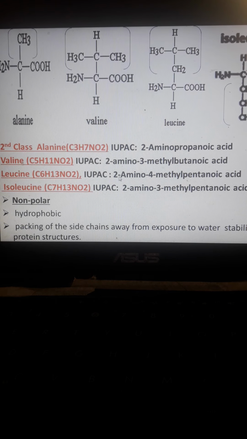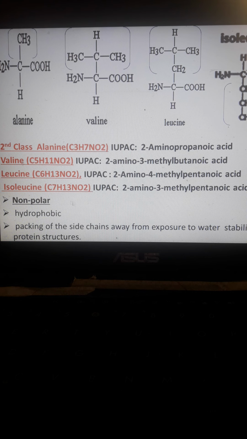Next, the second class, we have alanine, valine, leucine, and isoleucine. Usually they are called the non-polar group, because of the presence of the methyl group, that is a non-polar group. The methyl group is considered a saturated bond. That is the heavy CH3.